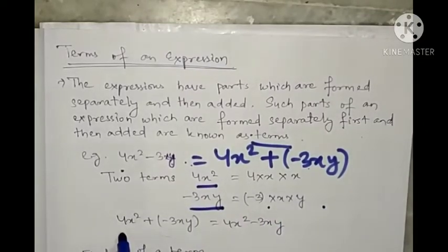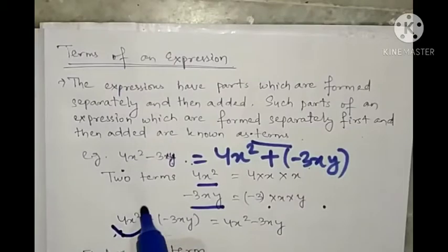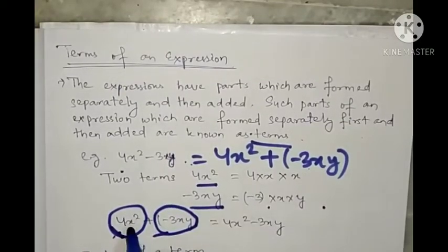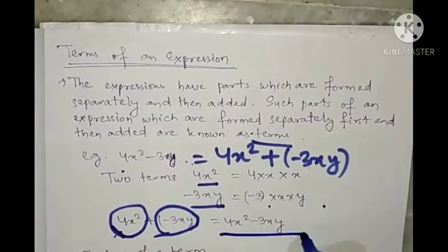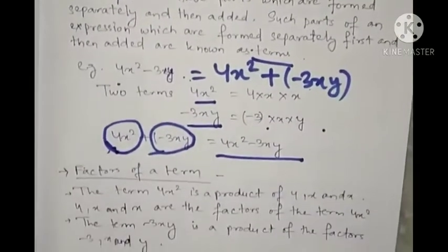One term is 4x squared, the other term is minus 3xy, and they are added to form this expression. So terms are the different portions of an expression which are formed separately and added to form the expression.